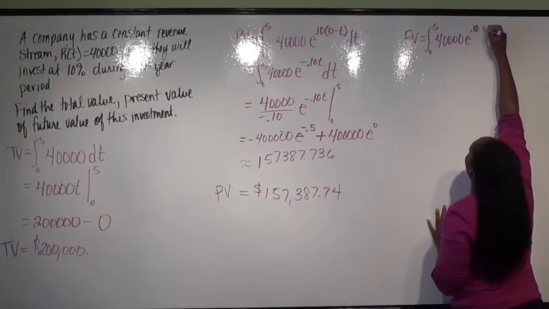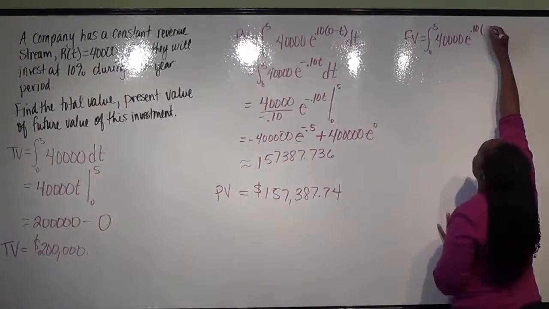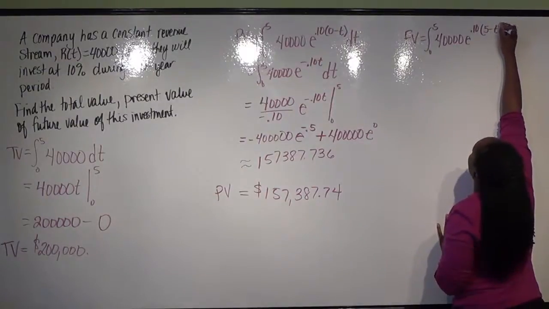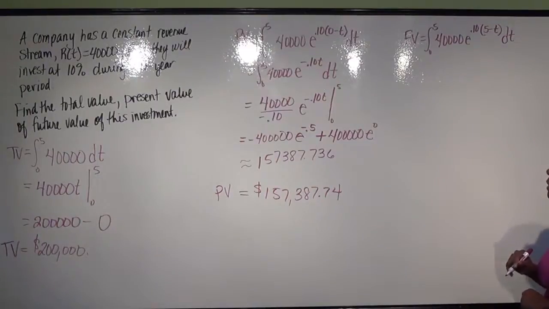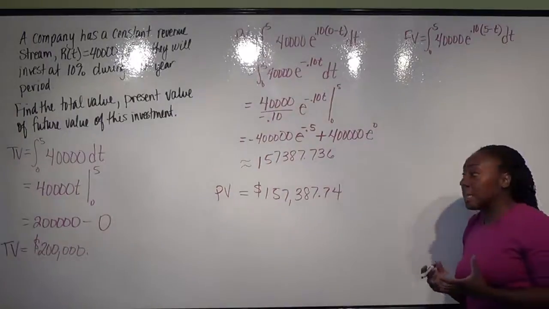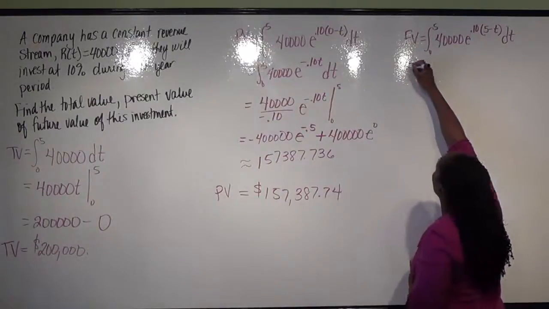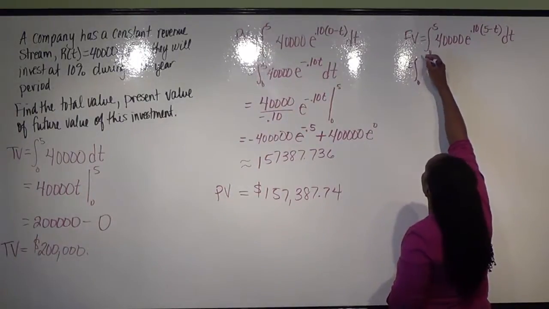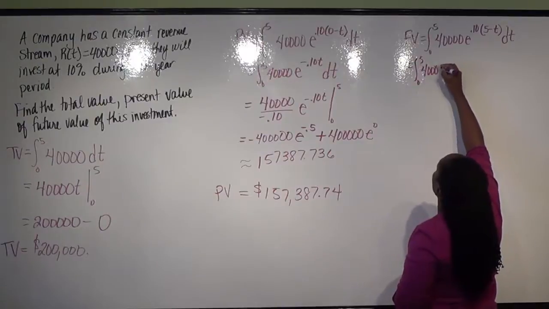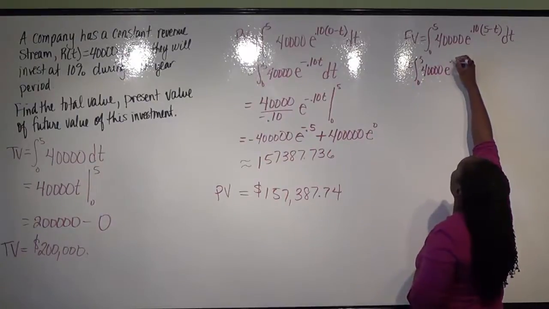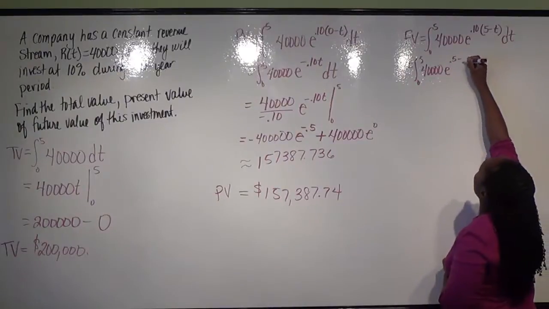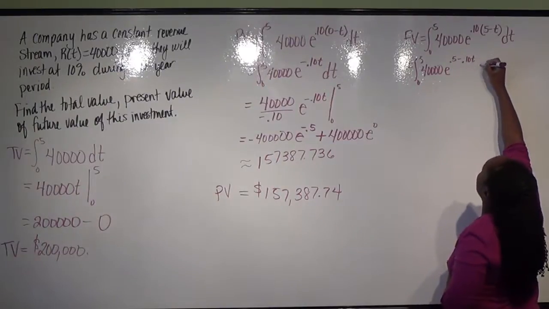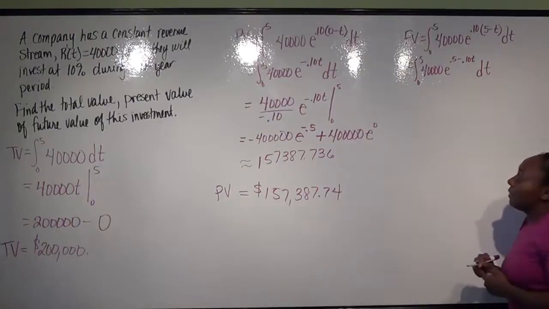So I'm going to have the 0.10, but now it's the b minus t, so 5 minus t, dt. Okay. Again, I want to clean this up. So we'll get the integral from 0 to 5, 40,000 e to the 0.5 minus 0.10t dt.